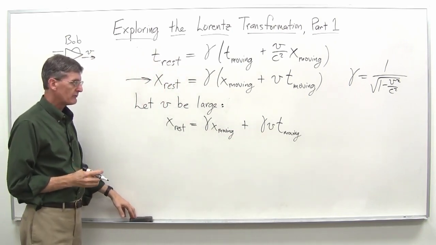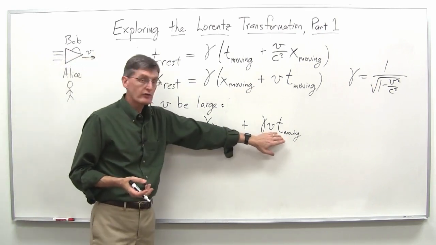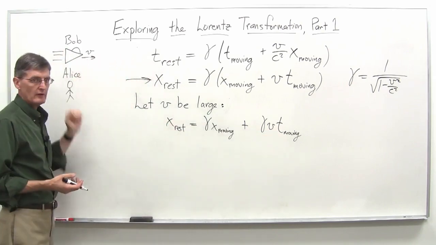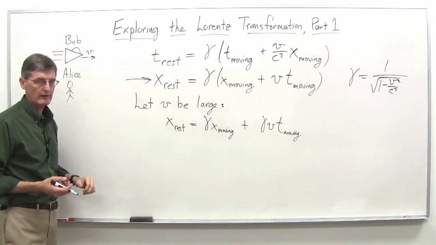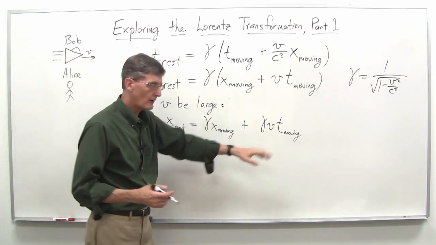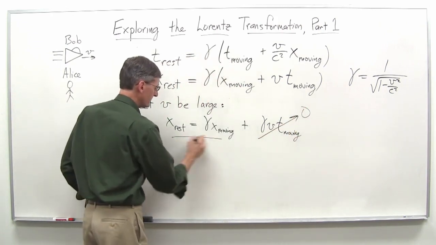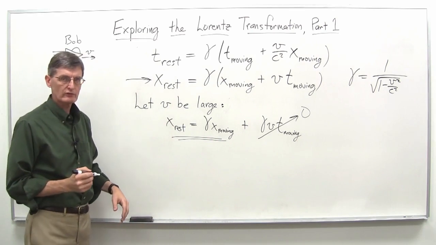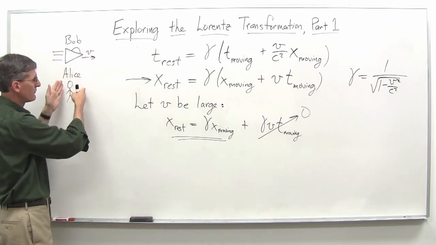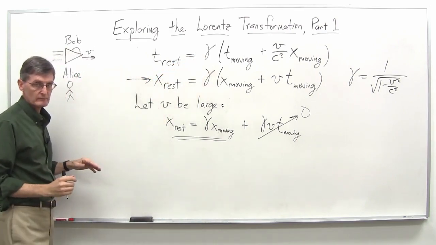And in fact, if Bob is measuring this at his time t equals 0, and we also assume that they're right together at t equals 0, Bob is just passing by Alice at t equals 0. So if we're measuring this at t equals 0 for Bob, t moving equals 0, then this term goes to 0, and look what we're left with here. That's our length contraction equation. In other words, what that is saying is if Bob says, okay, right at t equals 0 on my clock, I measure out, I see something at 23 out here.